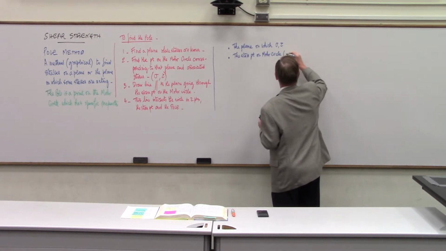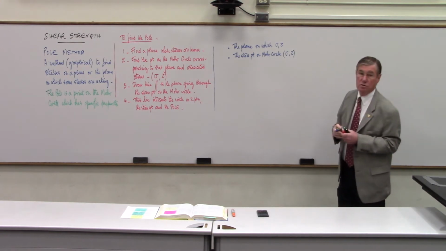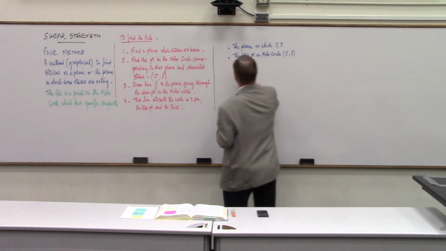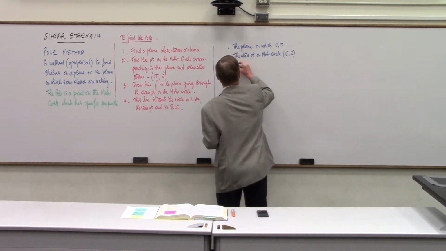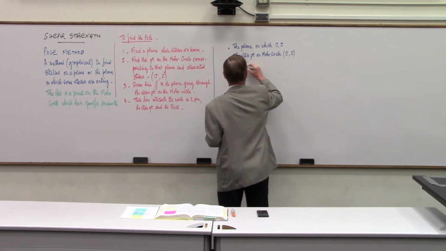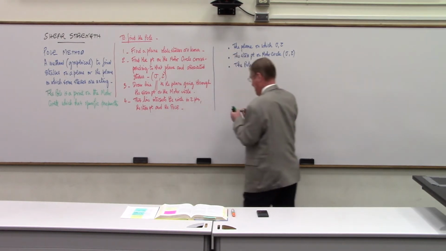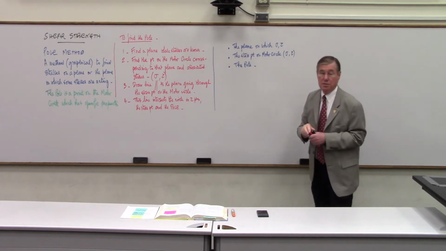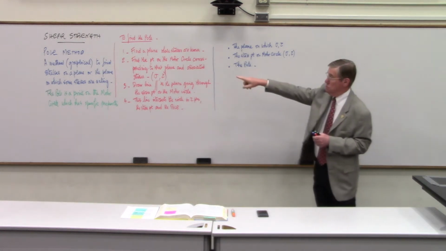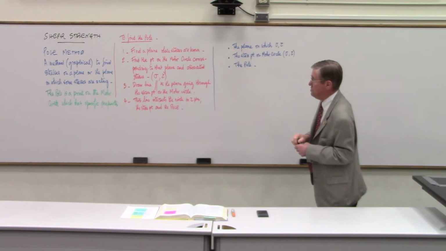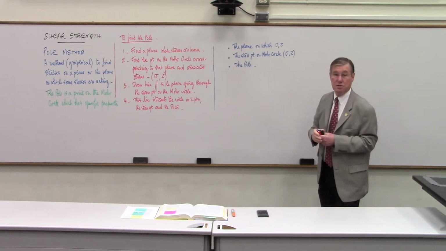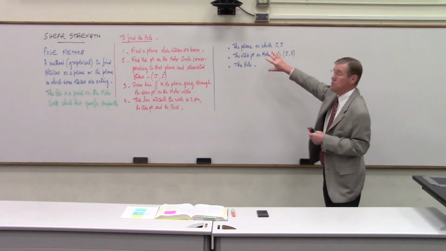So again, sigma, tau are the coordinates of the stress point on the Mohr circle. And then the third component is the pole. And in any problem that deals with this, a method to find stresses on a plane or the plane on which stresses act, you always have these 3 components.